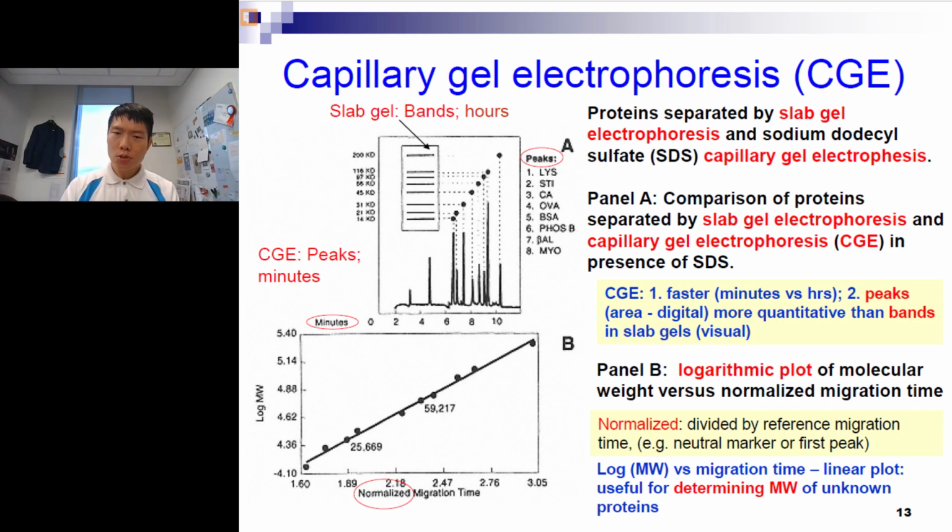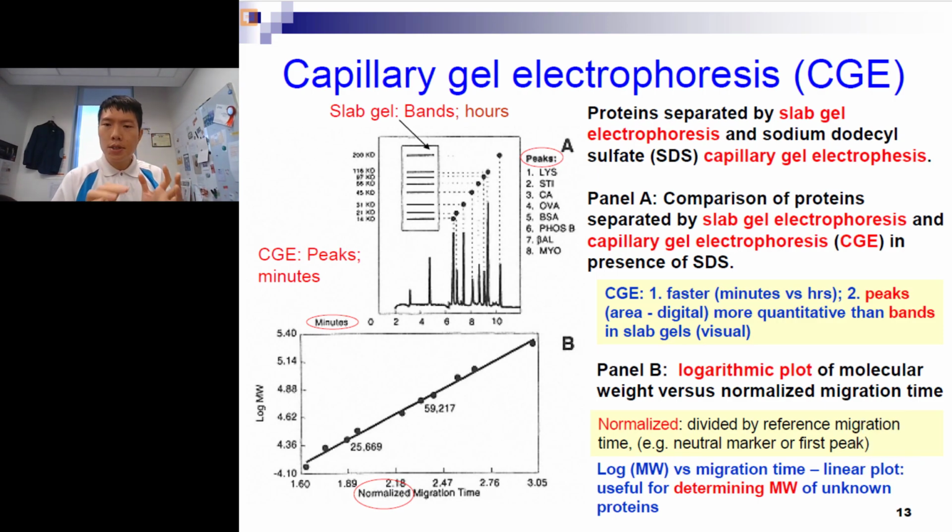And the figure below shows a log plot, a logarithmic plot, of the molecular weight versus the normalized migration time. And you see that normalization is always done by dividing the migration time by the reference migration time, right? So what is a reference migration time? We learned to talk about using a marker, remember, the EOF marker, that's neutral.